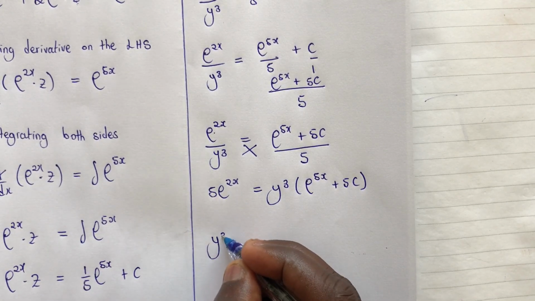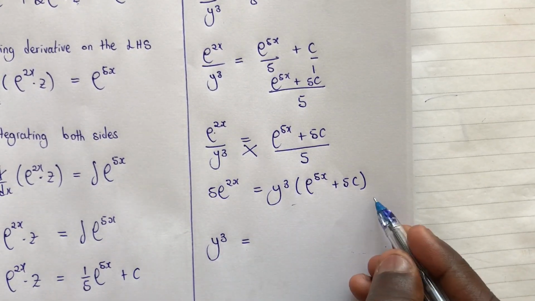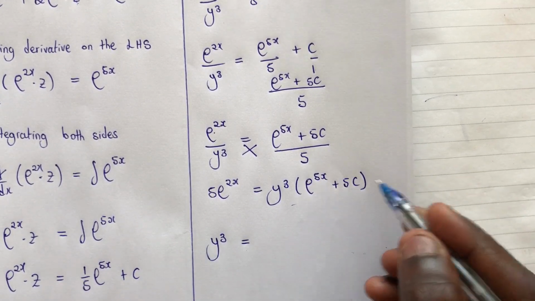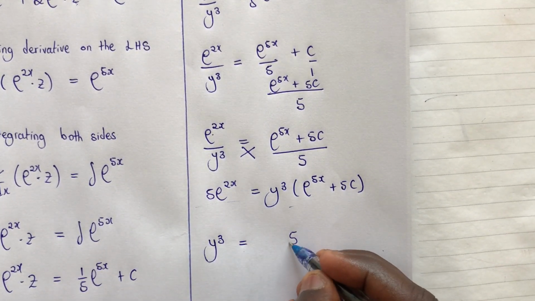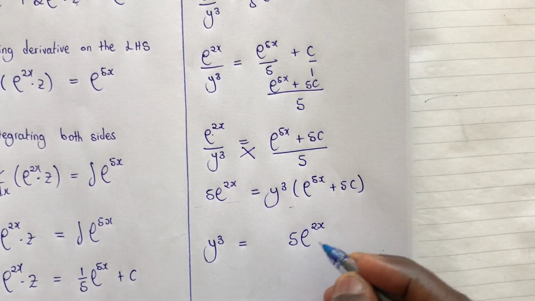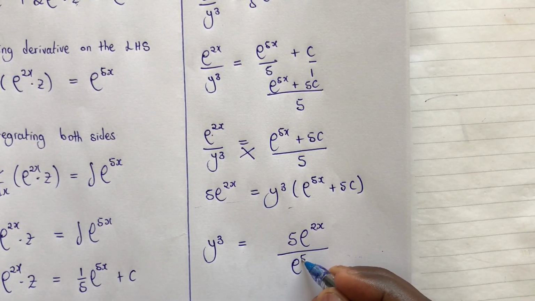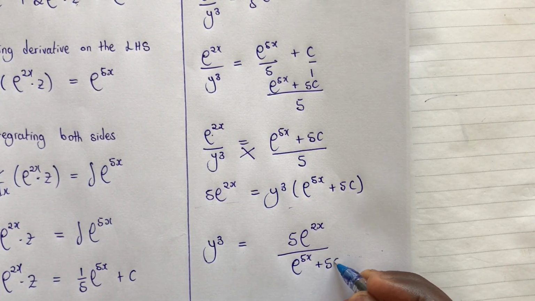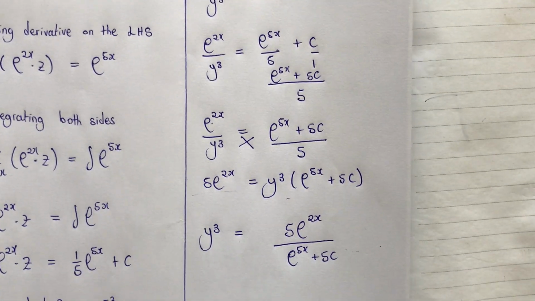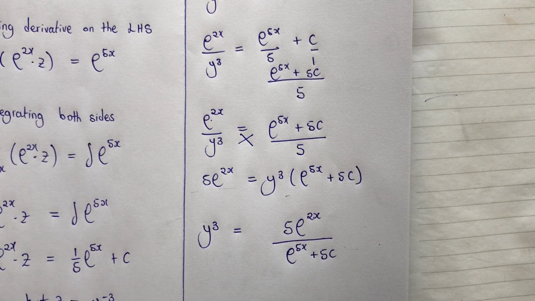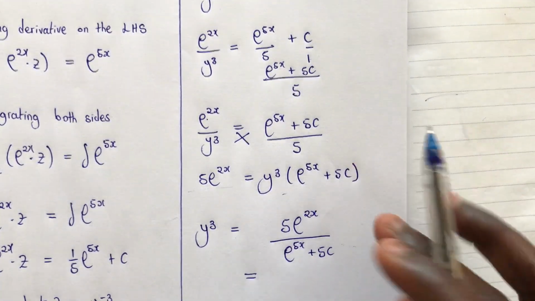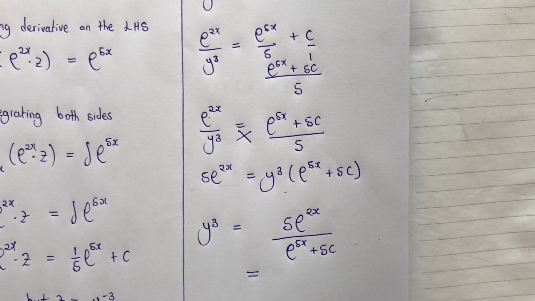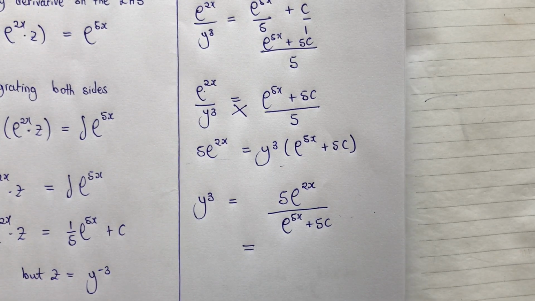So y to the power 3 is equal to this over everything we have here: 5e^(2x) all over e to the power 5x plus 5c. I think it's okay, I don't need to break this down again. So this is it. You can make y the subject by taking the cube root of that, but you are just making the work complex. Let's leave it here. So this is the end of the calculation.